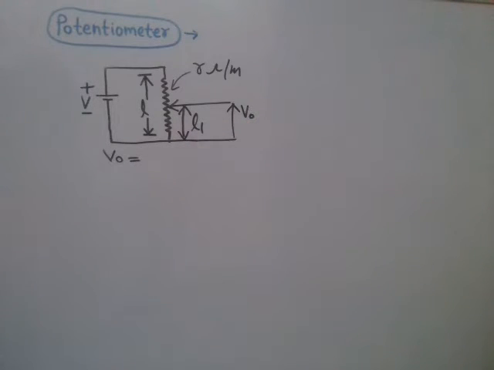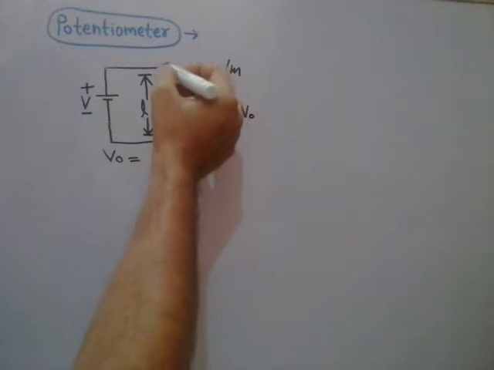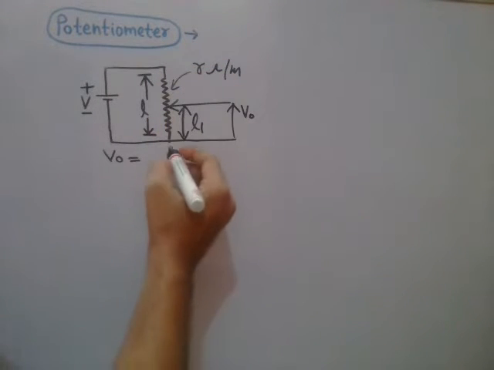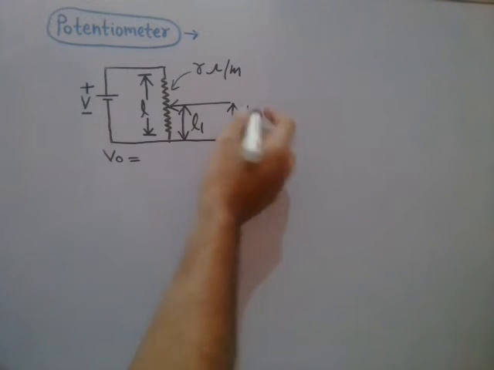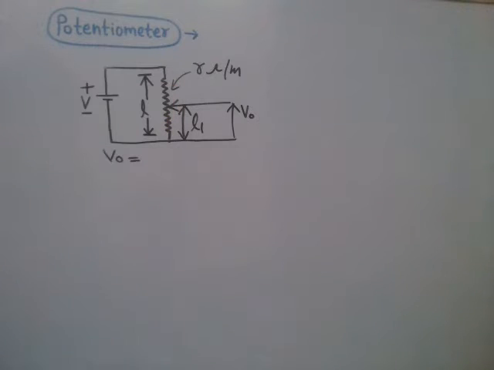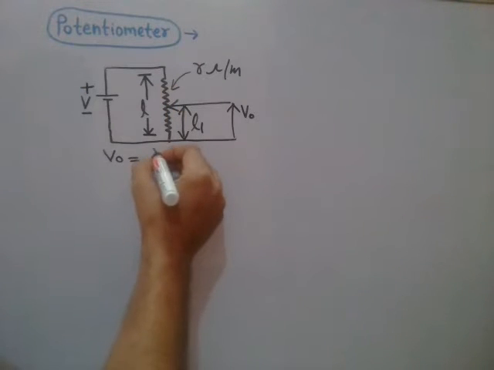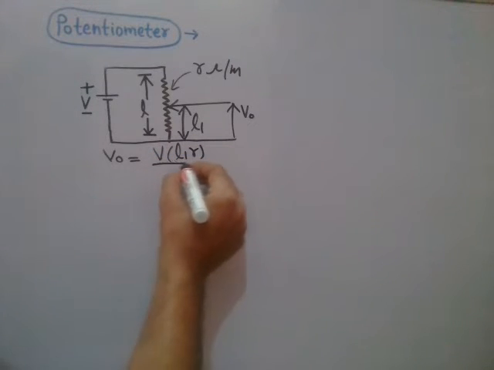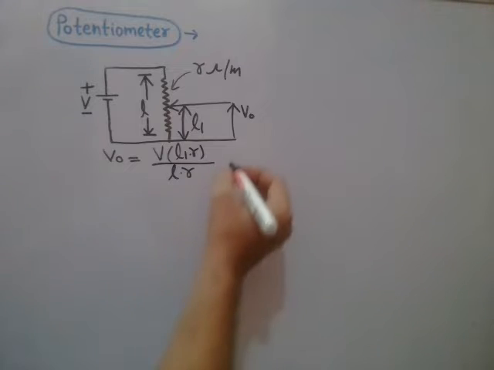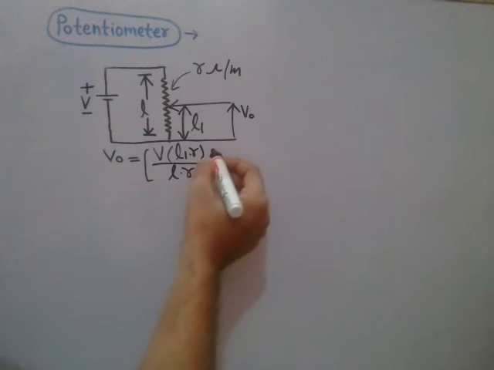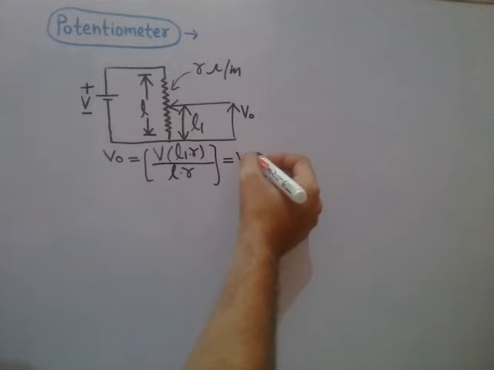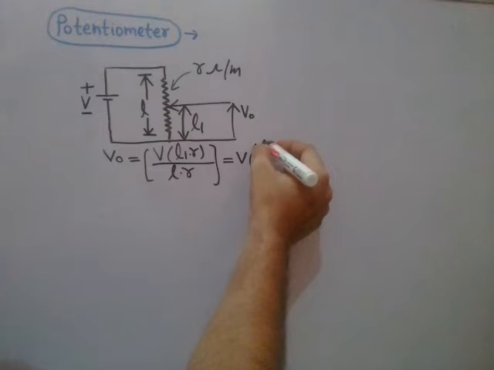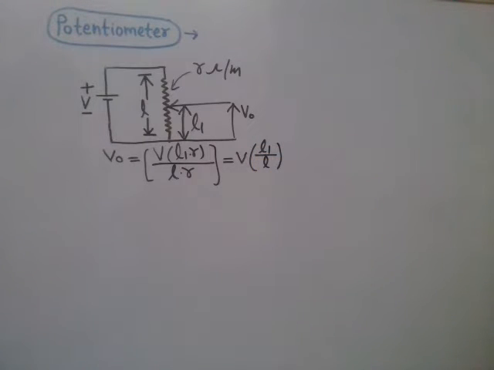And the total resistance of this wire will be L into R. So the output voltage V0 will be a fraction of the applied DC voltage V. So you write V into L1 into R, whole divided by L into R. Finally you get V, the applied DC voltage, into L1 divided by L.